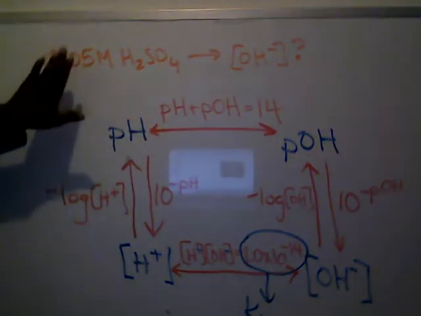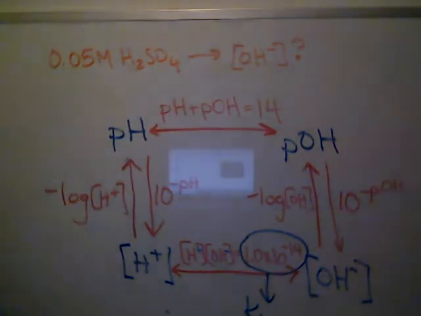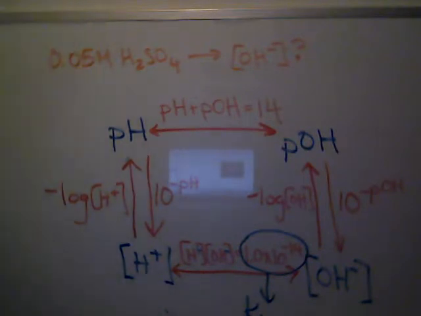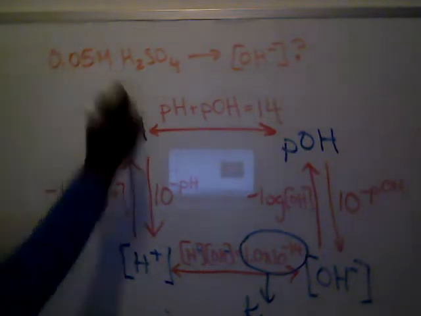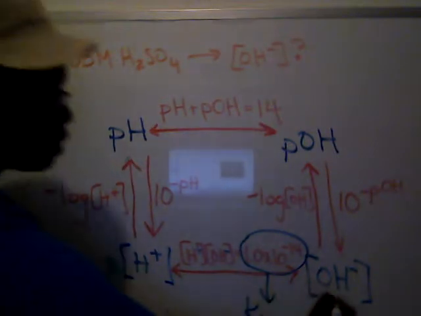So we have the molarity or the concentration of the acid, but they're asking about hydroxides. So in other words, we can figure out the amount of hydrogens here, so we're technically at this step, and they're asking about this one.